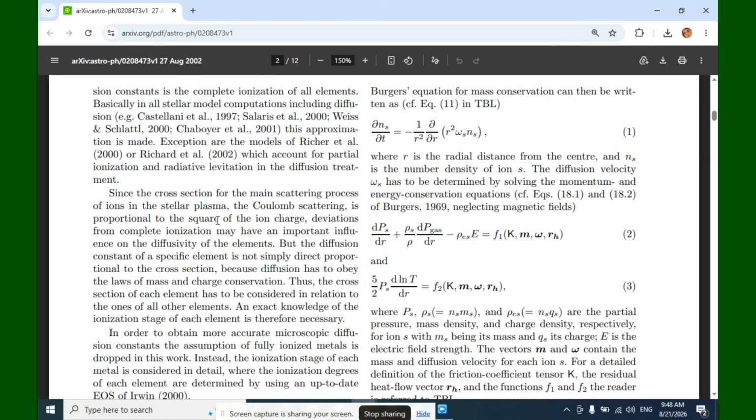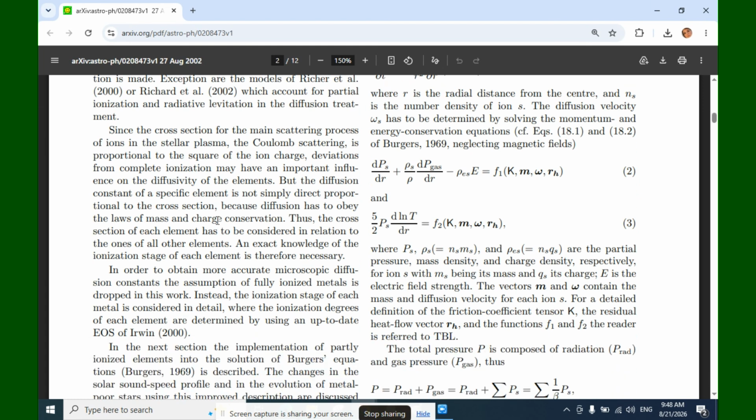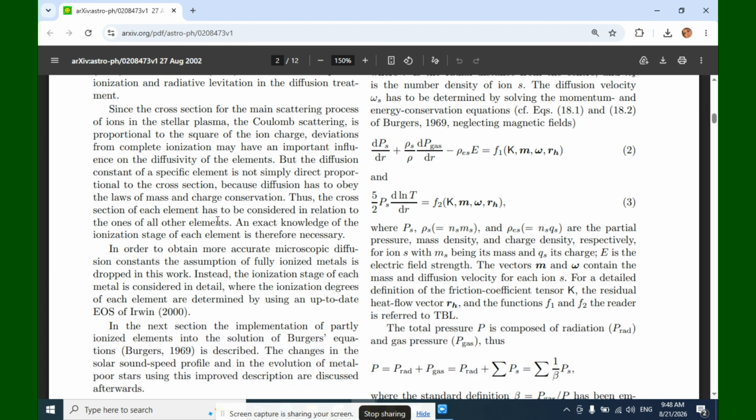And the next equation 3: 5/2 P_s multiplied by d ln(n_s)/dr is equal to F2(m, omega, H), where P_s, rho_s, n_s, m_s, and rho_s^E equal to n_s q_s are the partial pressure, mass density, and charge density respectively, for ion s, with m_s being its mass and q_s its charge, and E is the electric field strength.